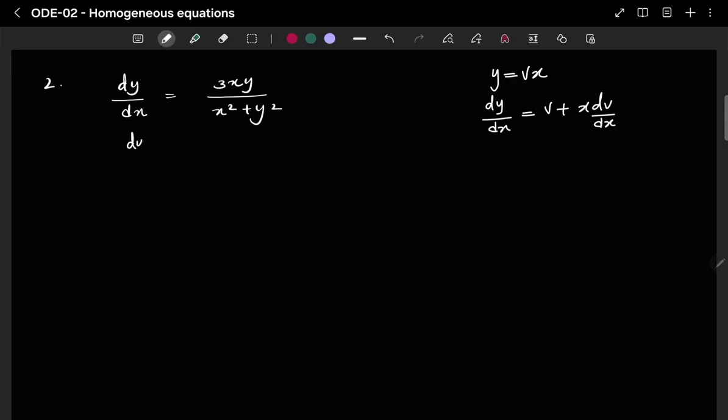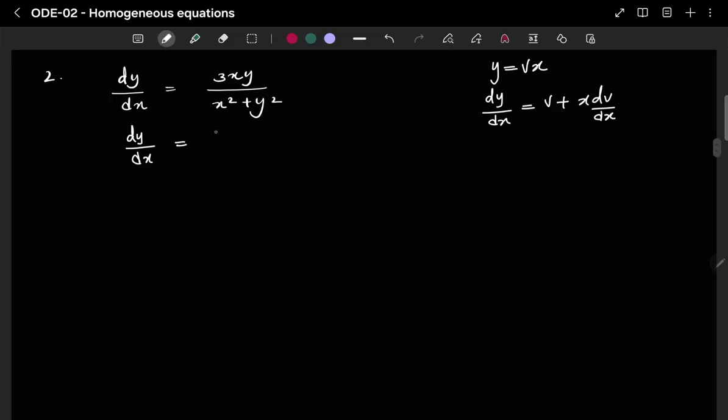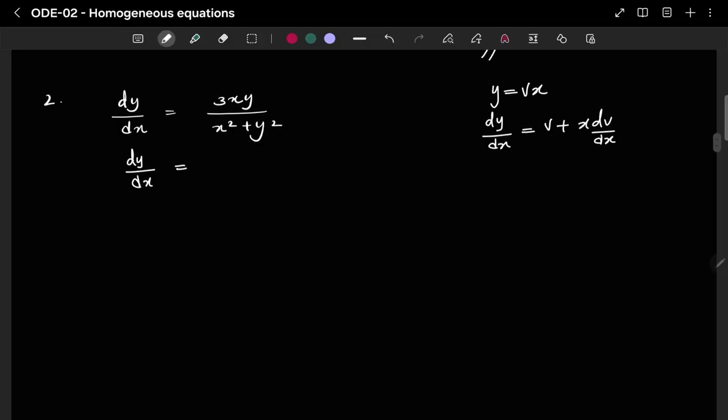Here we need to substitute for x and y by v. Dividing both numerator and denominator by x squared, we get 3 y by x over 1 plus (y by x) whole thing squared, and then we get 3v over 1 plus v squared.